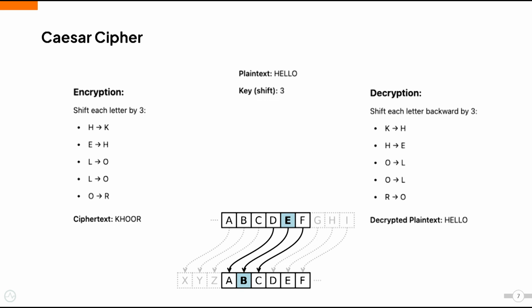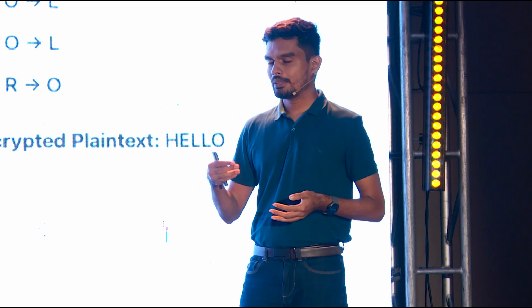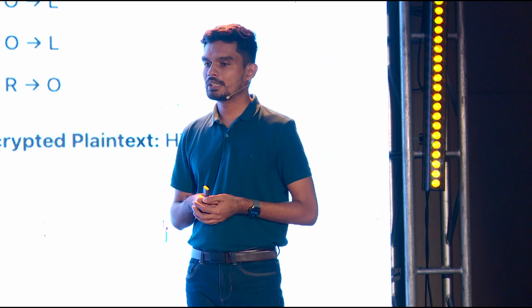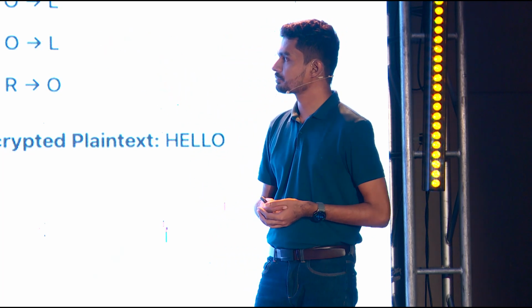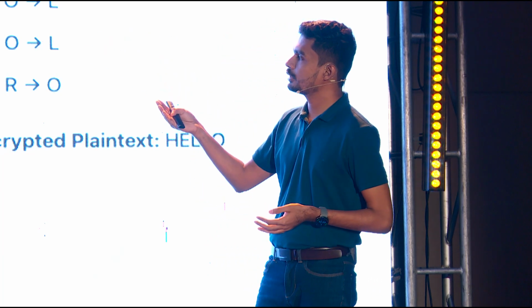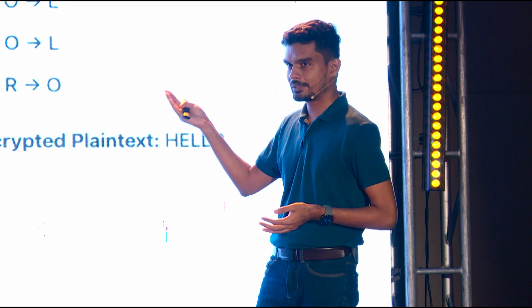So A will become D, B will become E, and so on. I have shown how the hello message will be encrypted here. And when you want to decrypt the message, you get the same shift key, and you do the reverse. So I have mentioned how the decryption works.